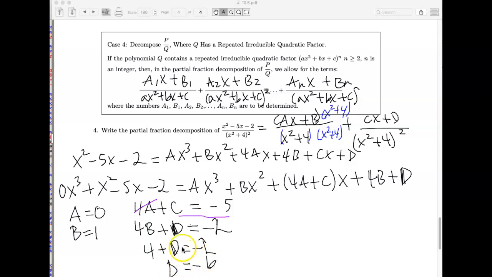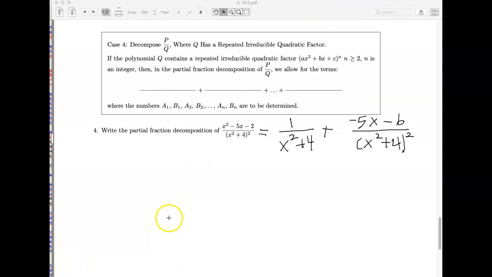Let's go through. We got a is 0, b is 1, we need to find C. Oh, nope, C is -5 and D is -6. So our expression, I erased everything and rewrote what we ended up getting.